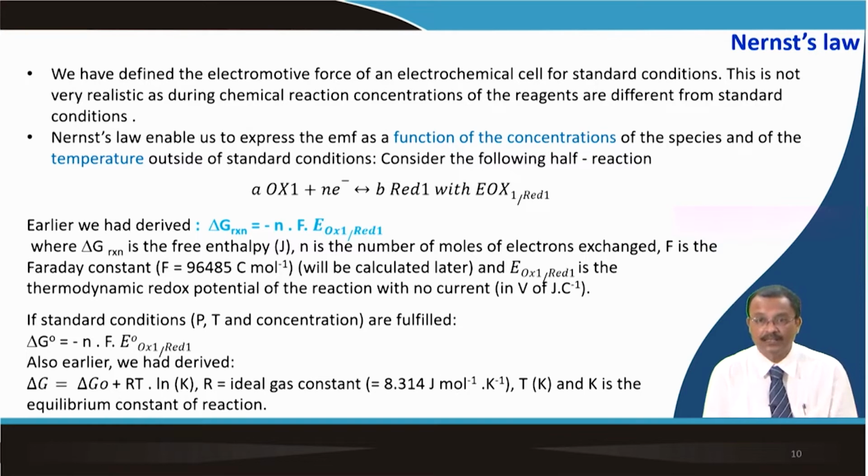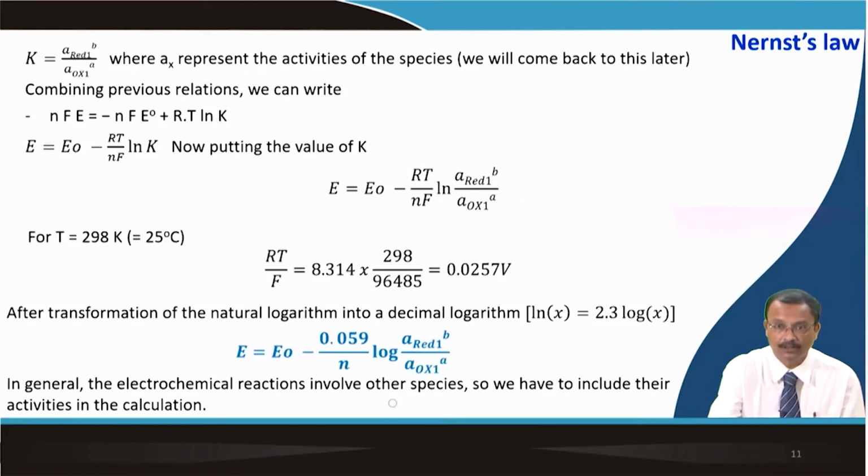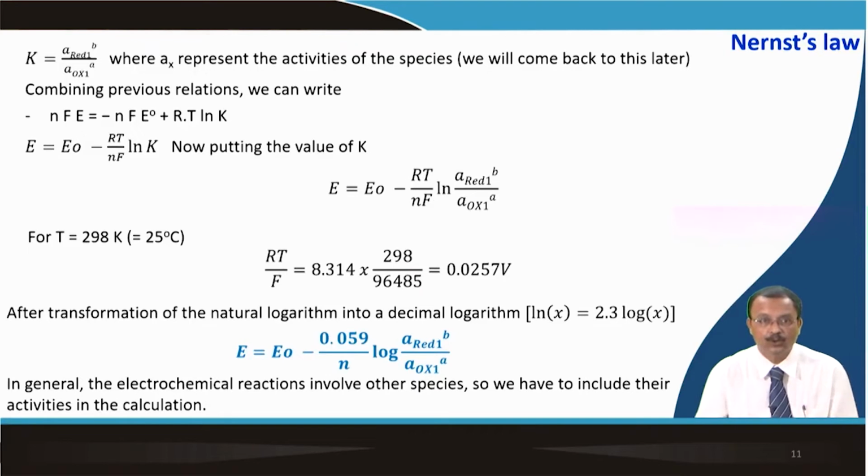T is the temperature in Kelvin and K is the equilibrium constant of the reaction. This equilibrium constant, from the earlier relation, we can put as the ratio of activities of the reduced species and oxidized species, and we will come back to this activity concept.